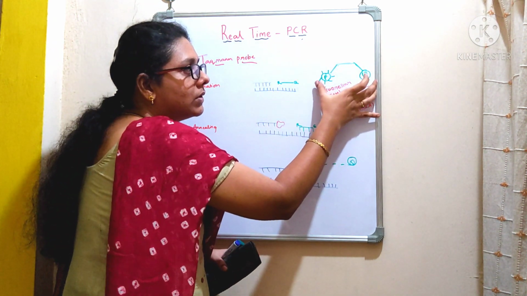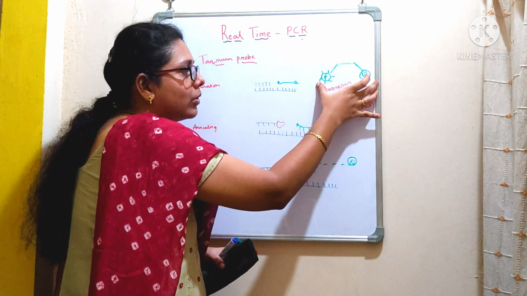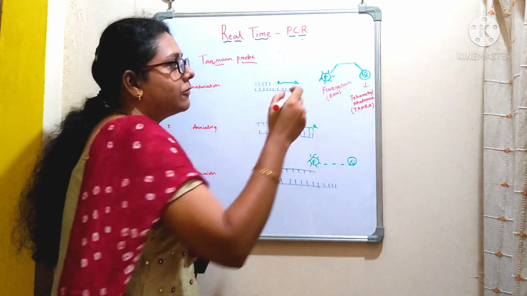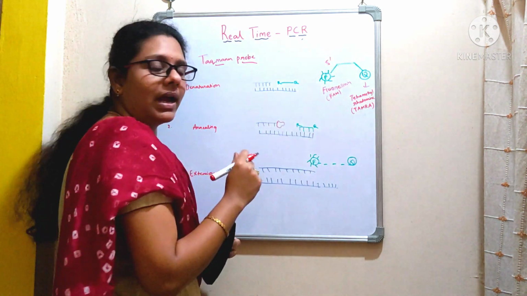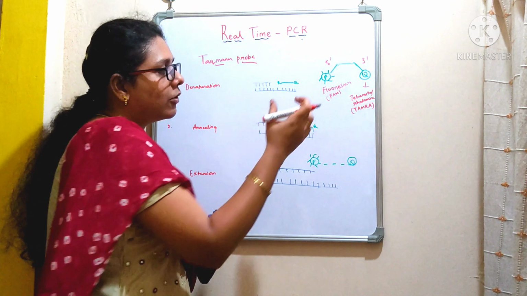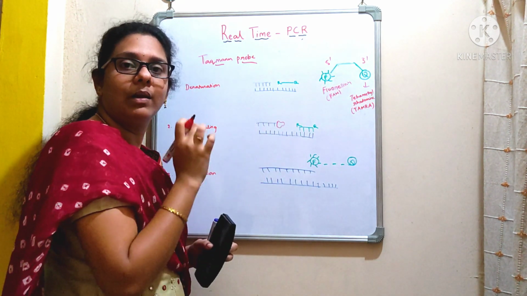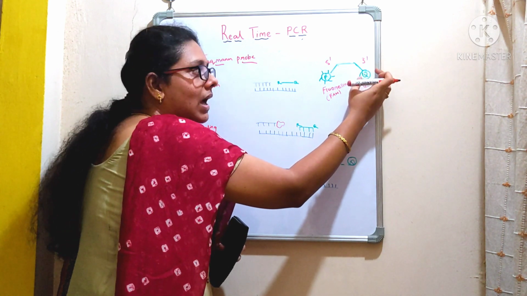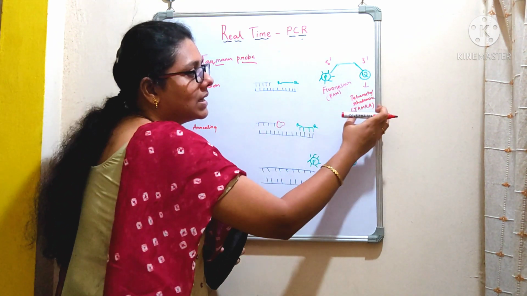See here, if you observe the picture of this TaqMan probe, it will have a fluorescent at the 5' end, and it will have a quencher at the 3' end. This fluorescent can also be called a reporter. And at the opposite side, the 3' end, it will have a quencher, that is TAMRA.